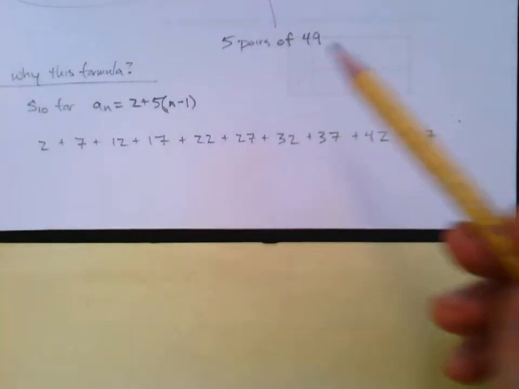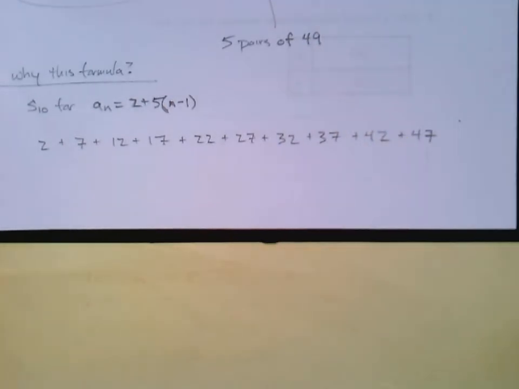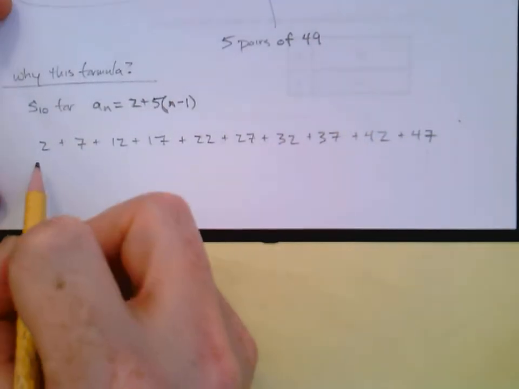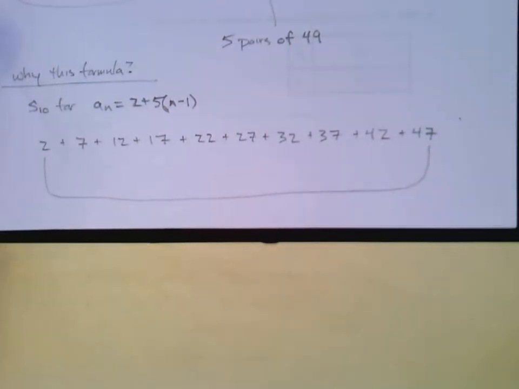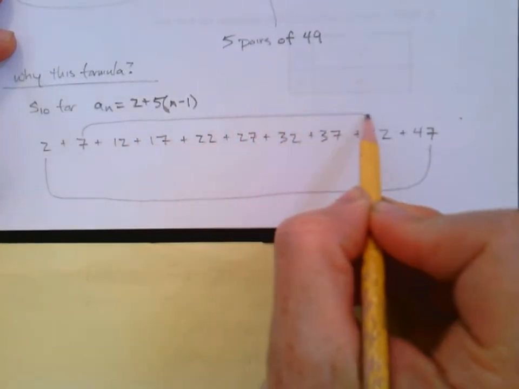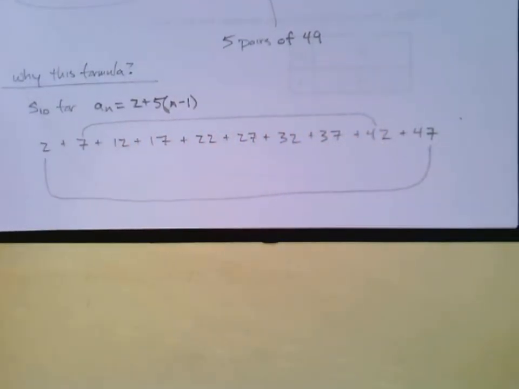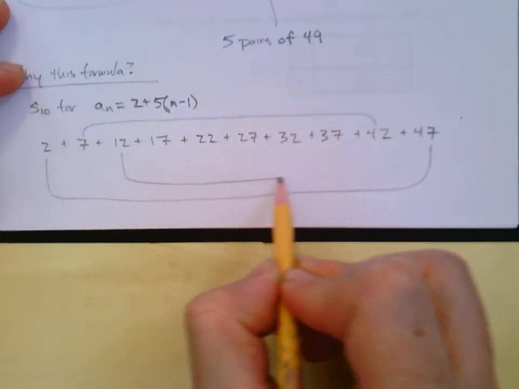You think, okay, where does this 5 times 49 come from? 5 pairs of 49. Well, one pair of 49, we already saw in the formula, it was 2 and 47 make 49. Do you see any other pairs of 49? You're like, oh, well, what about 7 and 42? They make 49. Yep. And 12 and 37?